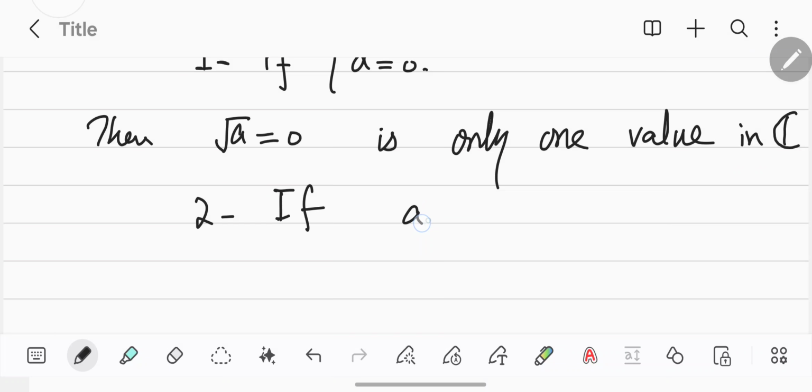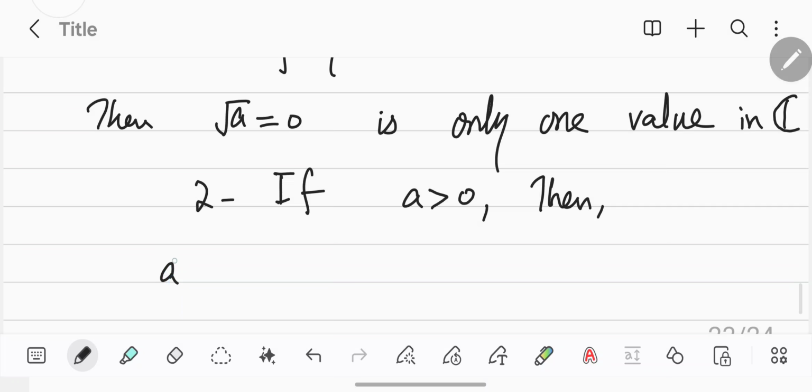So if a is positive, the second case, then what is square root of a? Square root of a are two different values.